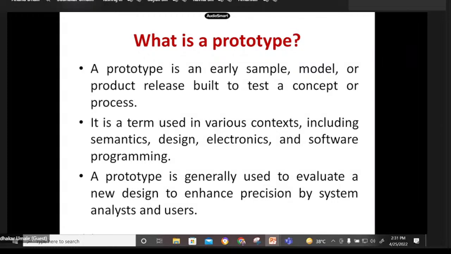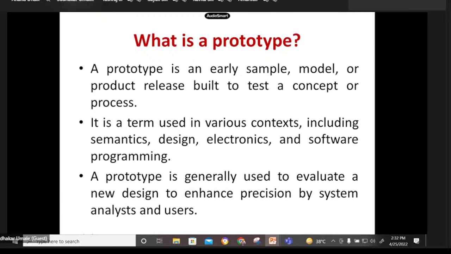It is an early sample, so it is produced before the product for testing. It is also sometimes called a model. It is a physical model, or it is a product which is released to build and test to satisfy a concept or to satisfy processes.